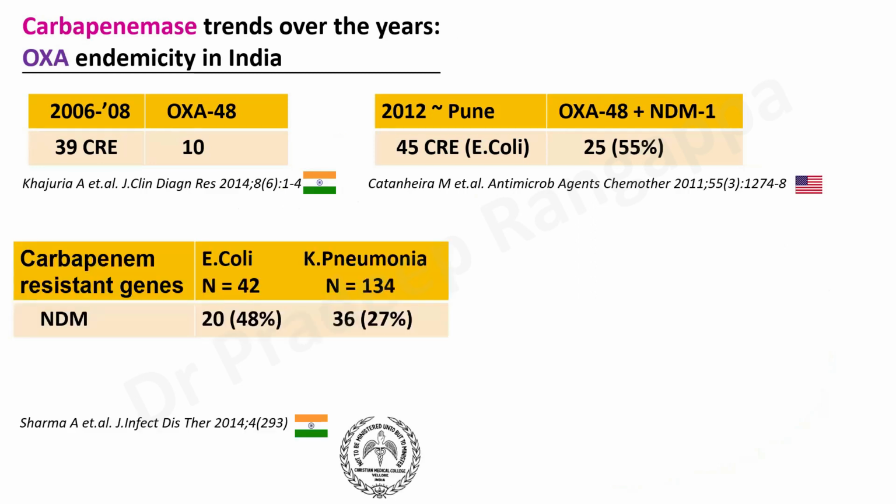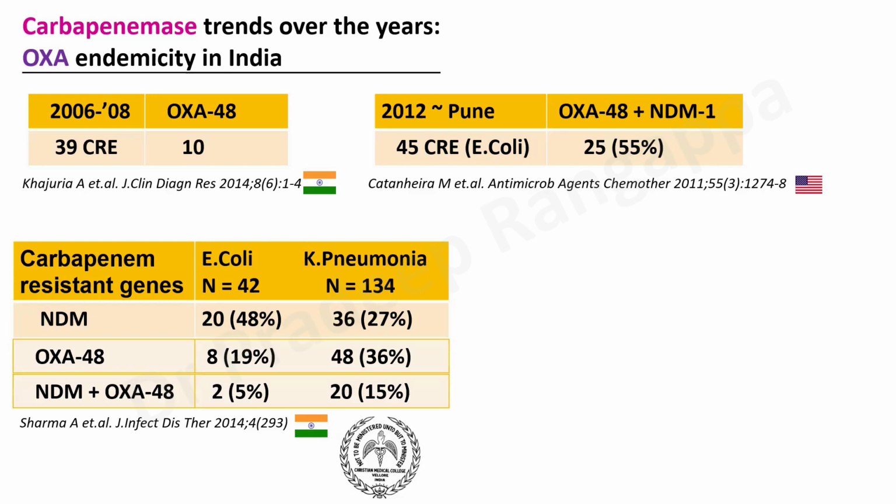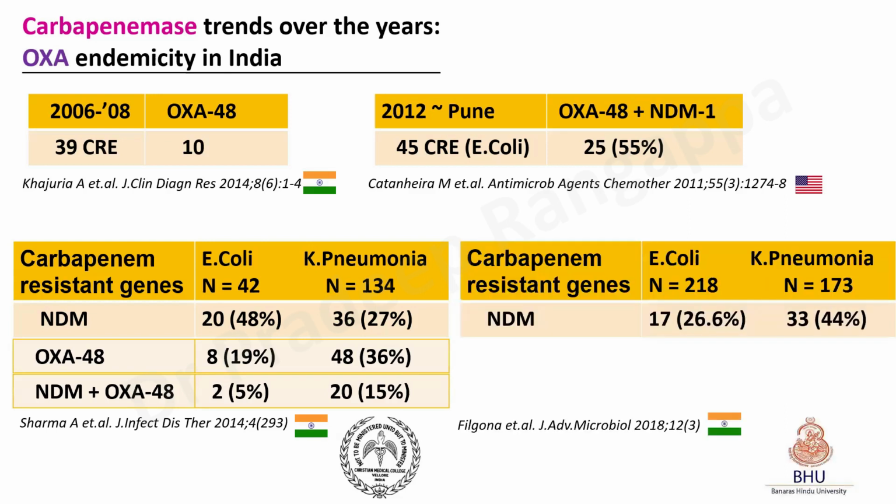This is a good study from CMC Vellore, which is in South India, where they looked at the regional difference. NDM was present predominantly in E. coli rather than Klebsiella, and OXA48 was present more in Klebsiella. But when you look at Benares, NDM and OXA48 together was present in 15%, and the BHU data was the opposite.